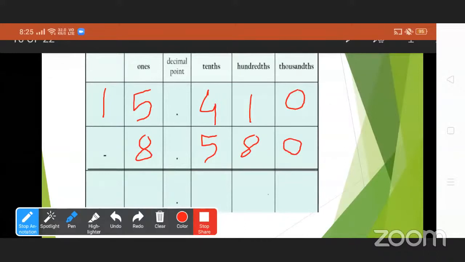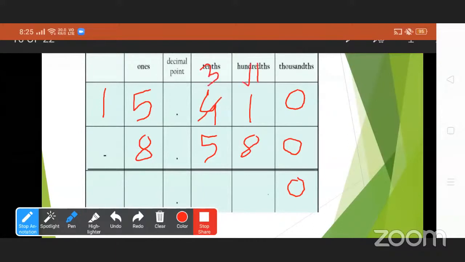Now do the subtraction from right to left. 0 minus 0 is 0. Can we subtract 8 from 1? No. So we will borrow from 4. 4 will be 3 and 1 will be 11.